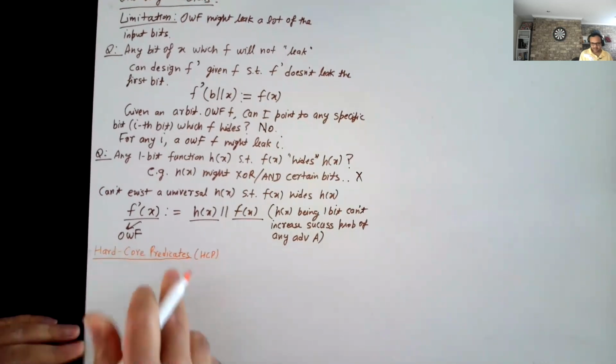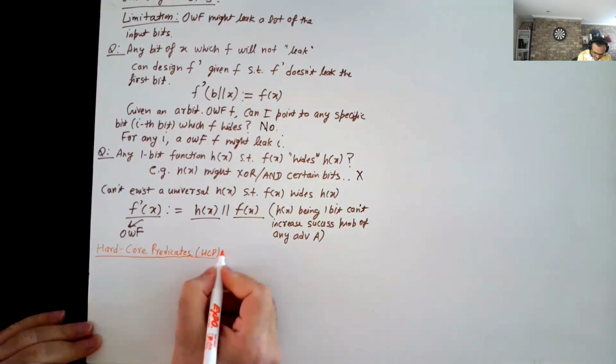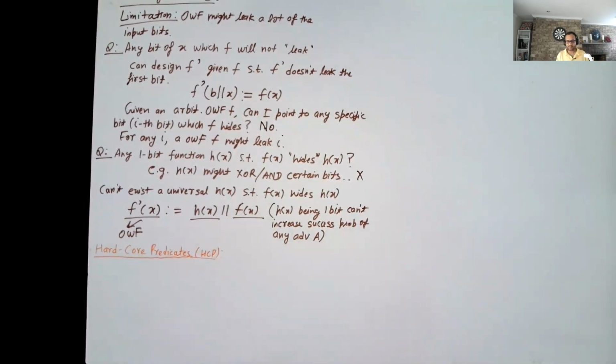By the way, sometimes they're also called hardcore bits or HCB. A predicate is just a function with a single bit output.